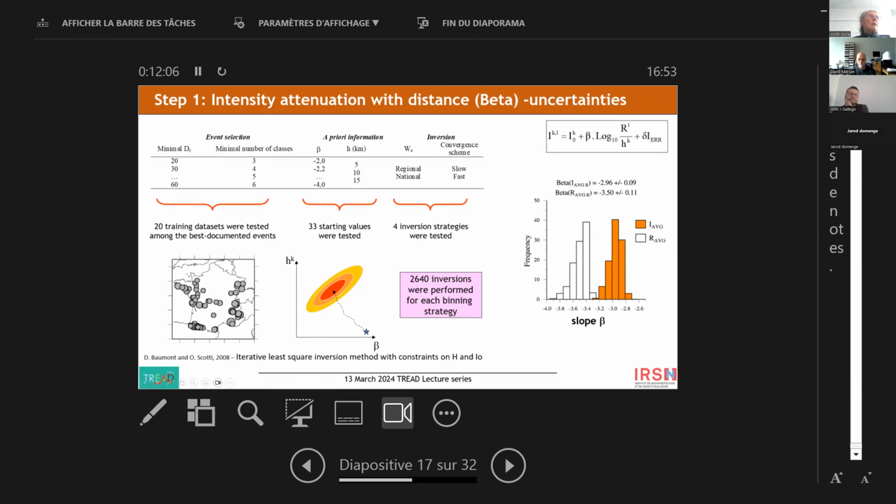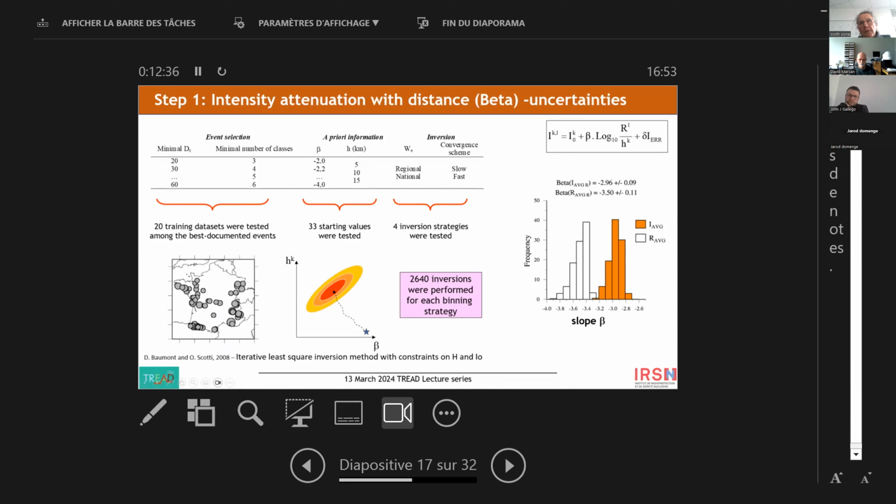What you see here is that we have selected different types of events depending on a couple of criteria. We have different types of a priori information and different types of inversion schemes using regional and national criteria. I'm not going to go into the details. The important thing is that no matter what you do, you will come up with very uncertain results.